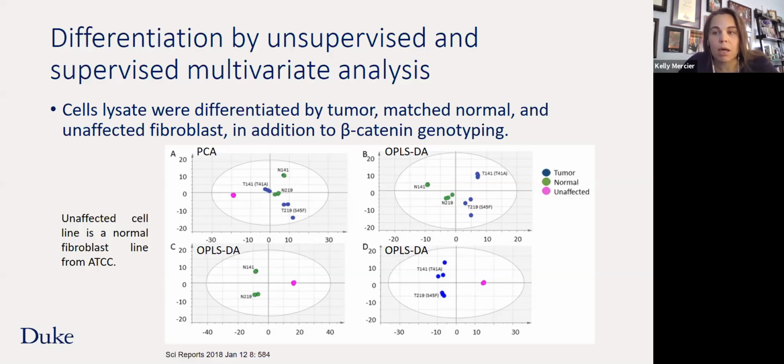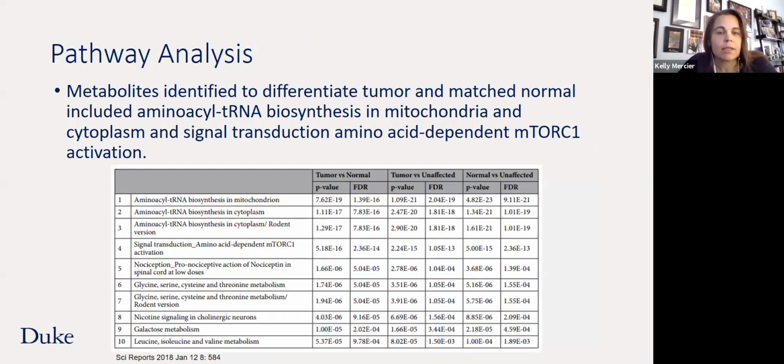It should be noted, again, this was a pilot study, small sample sizes, and these were 3 replicates from each one of the cell lines. So looking at this data, we were able to differentiate pathways that could define differences not only between tumor and normal, but also normal and unaffected, and tumor and unaffected.